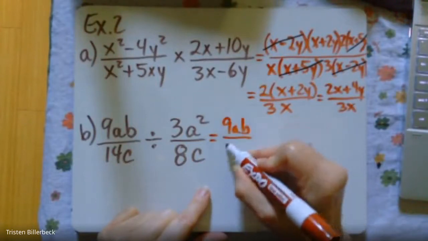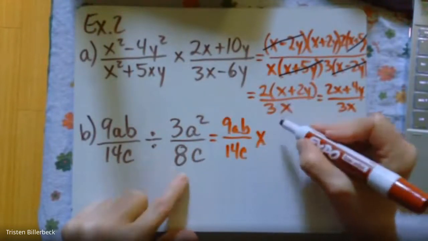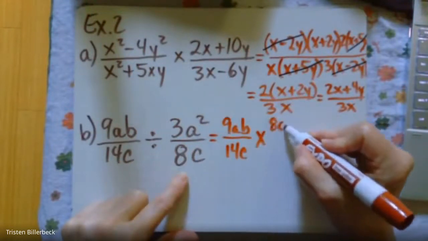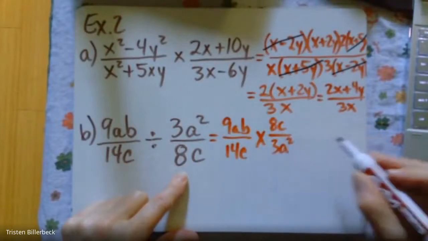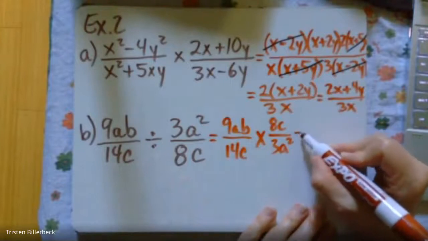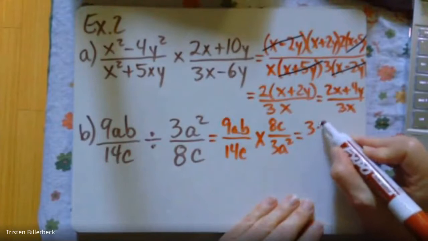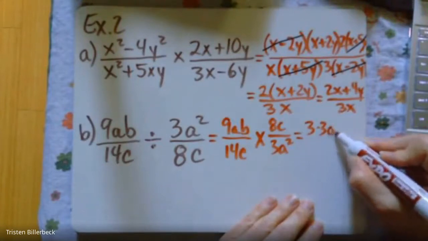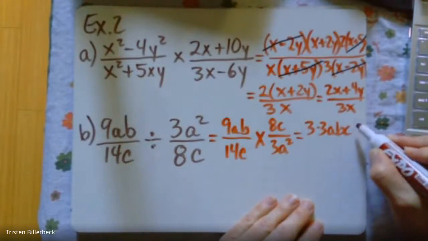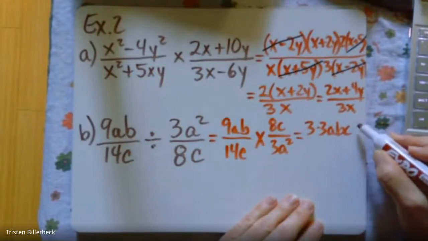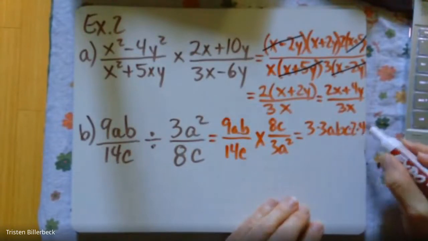So we have 9ab over 14c. We're going to change the sign of multiplication and flip this over to 8c over 3a squared. When we look at it, we probably have the 3s as a factor, and we have a, b, c, and 2 times 4 there for the 8.